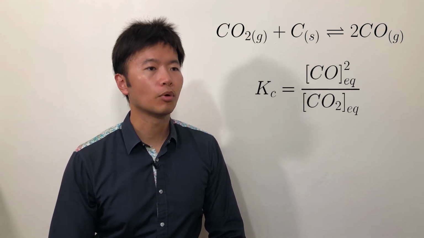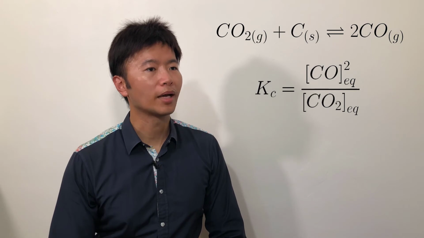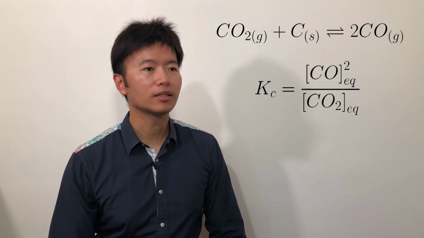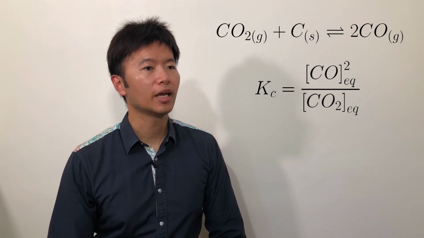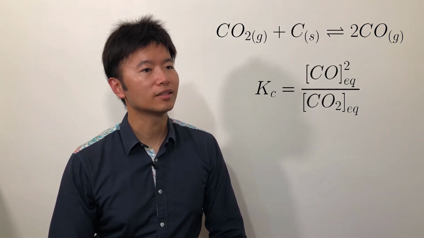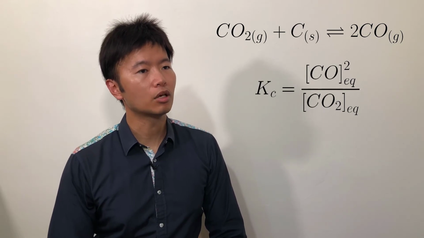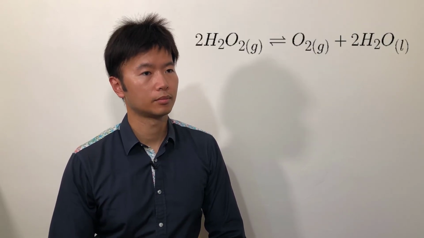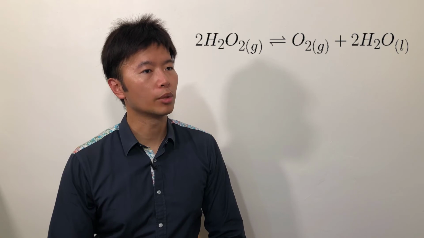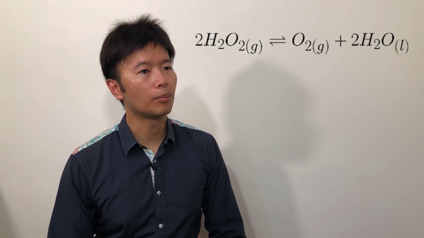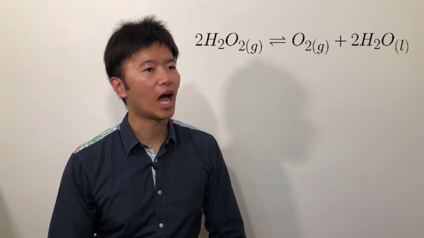Again, the exponent will be determined by its coefficient. Since the other reactant is carbon solid and its concentration is equal to 1, it is not in the equilibrium expression. Can you write the equilibrium expression for the decomposition reaction of hydrogen peroxide?